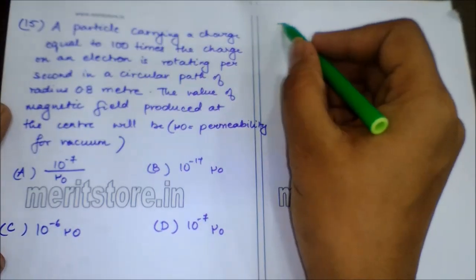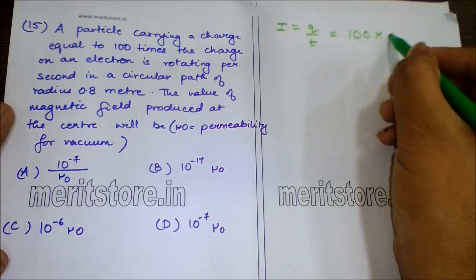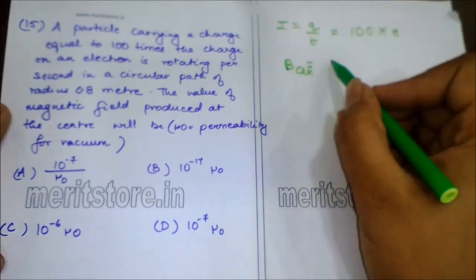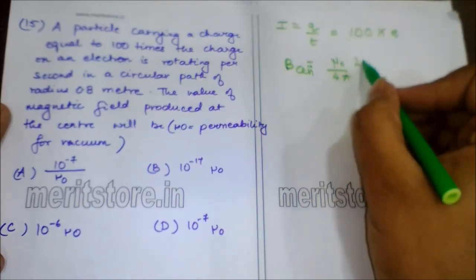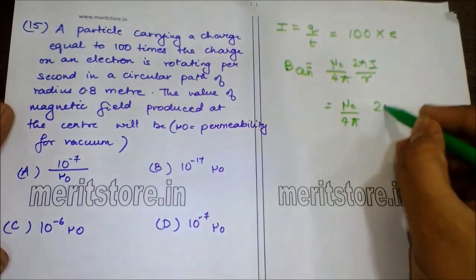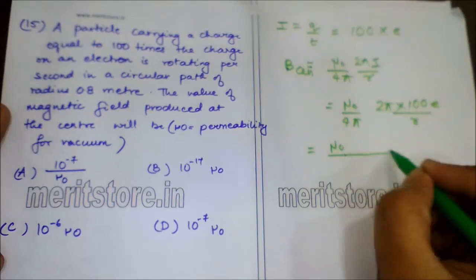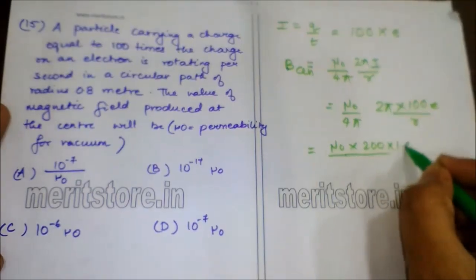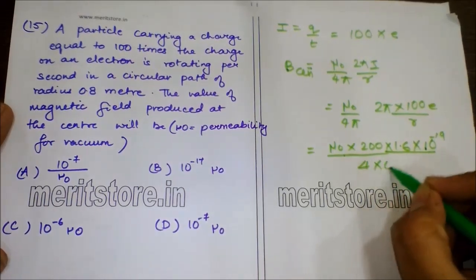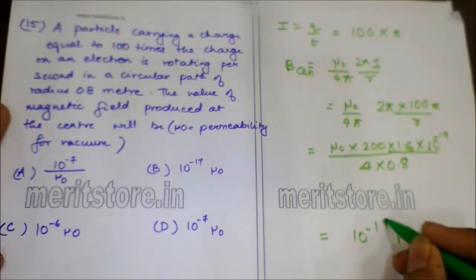So as we know, I is equal to Q by T, which will be 100 into E. Magnetic field at the center is equal to mu0 upon 4 pi 2 pi I upon R, which is equal to mu0 upon 4 pi 2 pi into 100 E upon R, which is equal to mu0 into 200 into 1.6 into 10 raised to minus 19 upon 4 into 0.8, which is equal to 10 raised to minus 17 mu0.